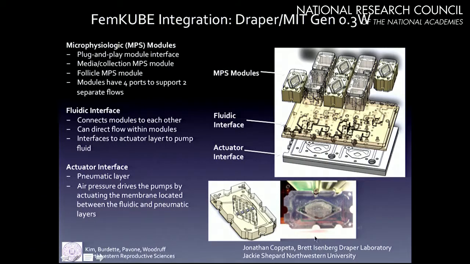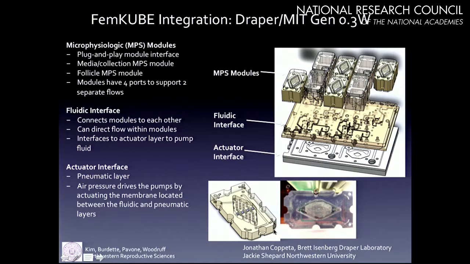I'm just going to show you very briefly the platform that they have developed for us. Again, it's like a plug and play. These are basically individual modules that you can plug in. Here in the diamond-shaped modules, that you can see closer here, are where the follicles are going to be harbored. We have a place for 4 follicles to sit there, and then fluid is going to flow through this module and then into one of the chambers where we will put in our target tissues, whether it be the tube, the uterus, or the cervix.